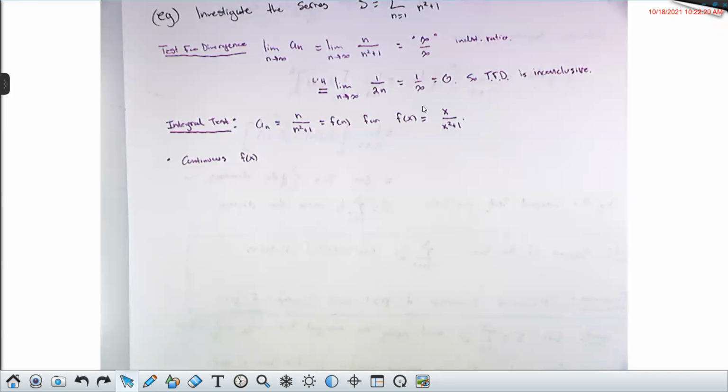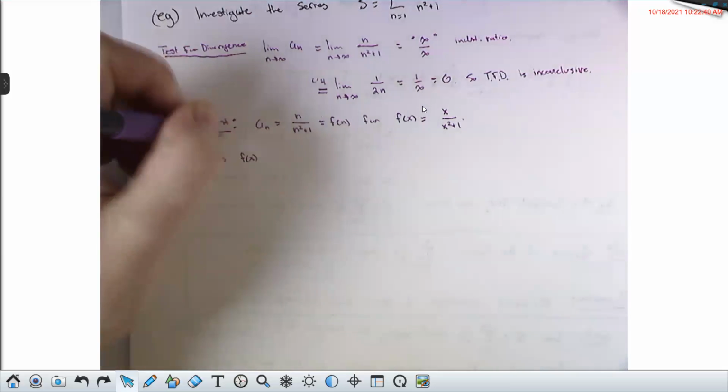So these three requirements are meaningful. Without them, the two objects, the series and the integral, are not connected. We need these things to be true in order to say, since the integral converged, the series converged, or since the integral diverged, the series diverged.